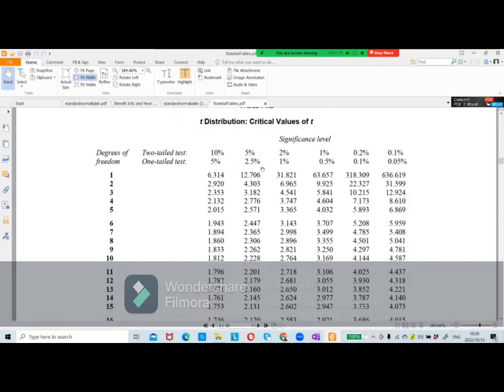Now, our significance level in this case is 0.025. Which of the columns? Do you have 0.025? No, sir. Oh, really? We don't? Says who? Can't you see 2.5 divided by 100 is what? 2.5.